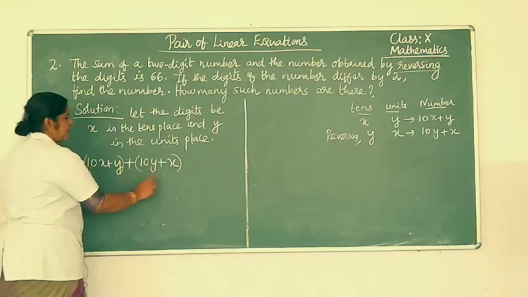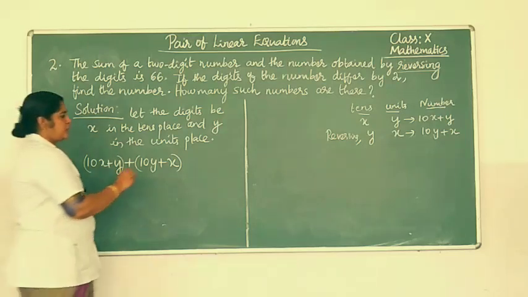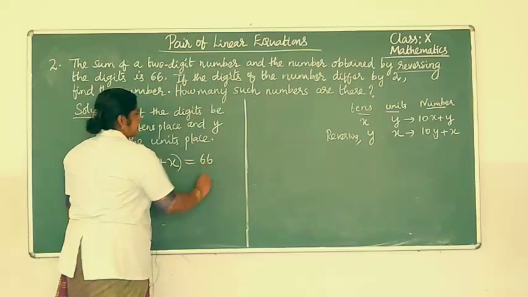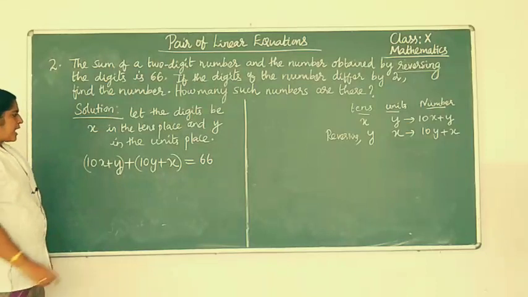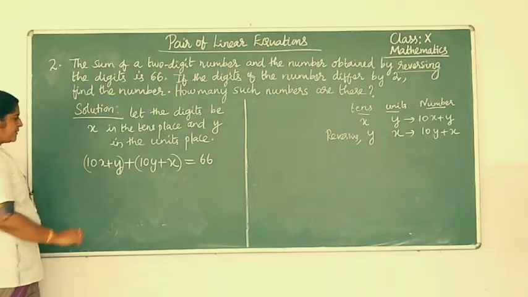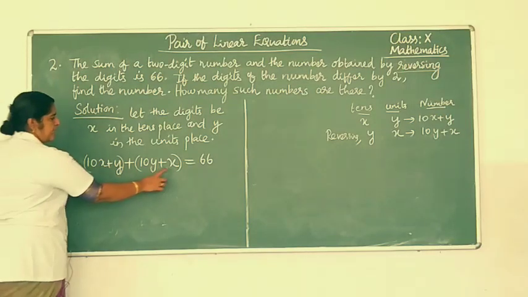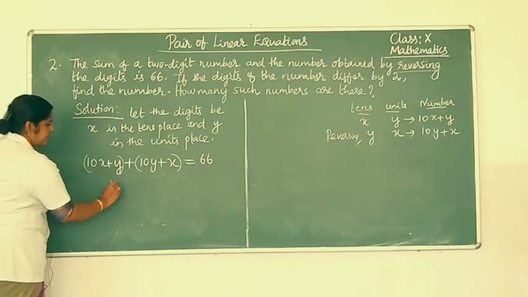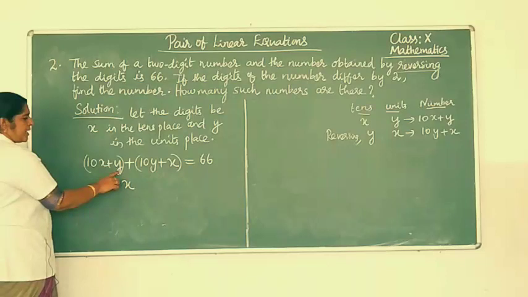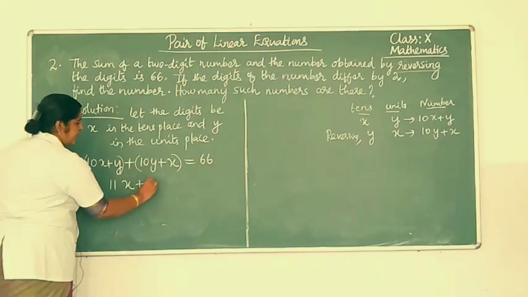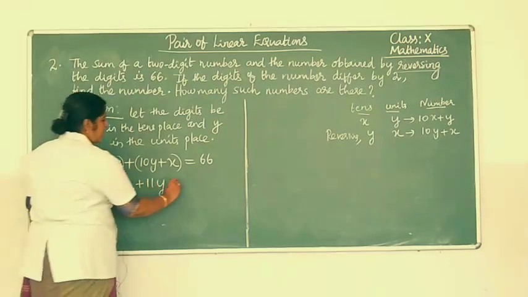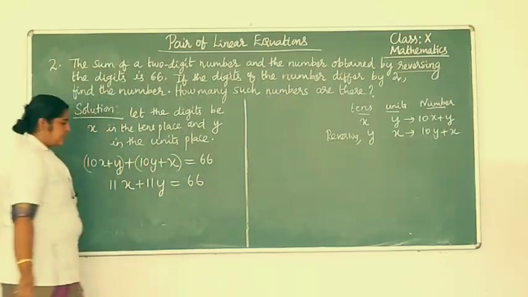So these two numbers sum is equal to 66 according to the question. Now we can simplify this first. Collect the like terms. Here 10x is there, here 1x is there, so it becomes 11x, and y plus 10y, it becomes 11y equal to 66.